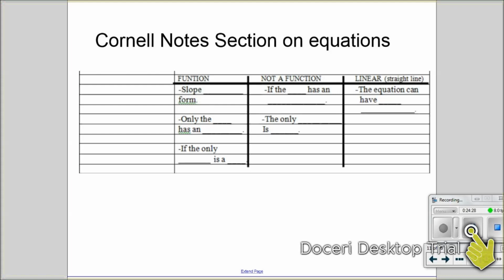If you're partner number 1, you're going to read your question and the first column about functions. If you're partner number 2, you're going to go over the not a function column and the linear or straight line column. You're going to have about a minute to go over this information that you already have written down. Ones are starting us out. Ready? Begin.